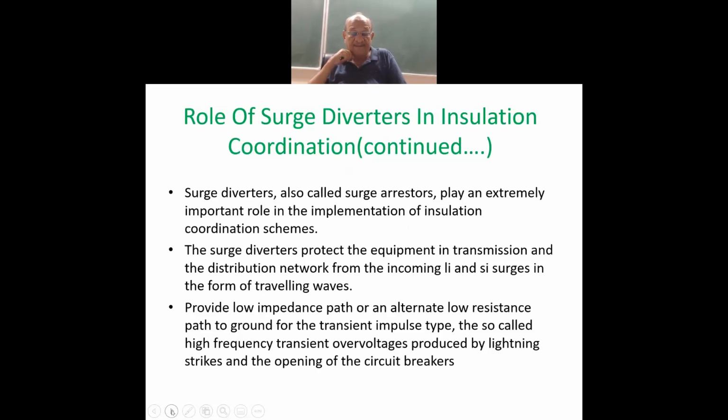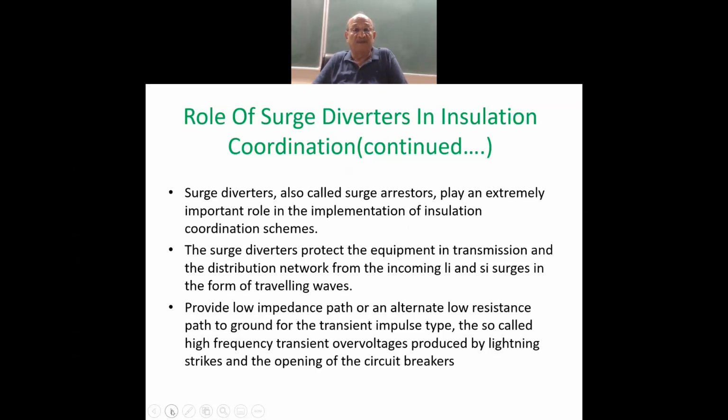Let me mention here that the overvoltages developed most often in the transmission network at high voltage are caused by lightning strikes, because the transmission lines extend over thousands of kilometers, so they are exposed to the atmosphere.